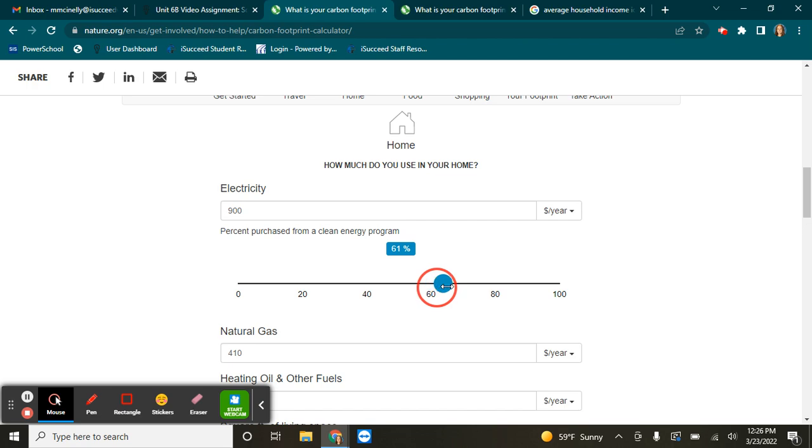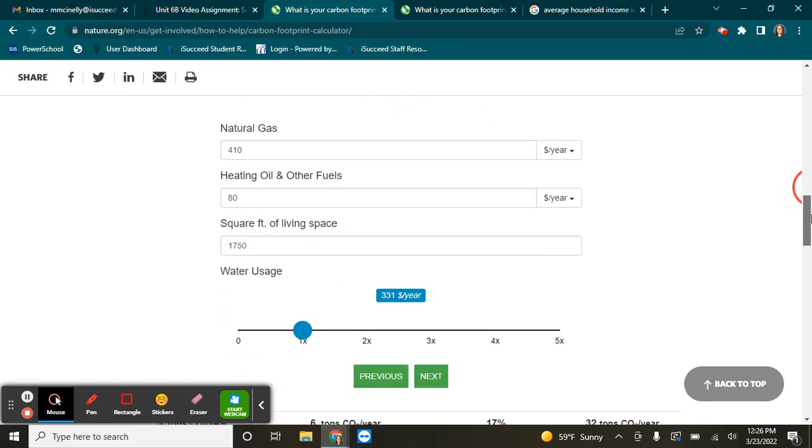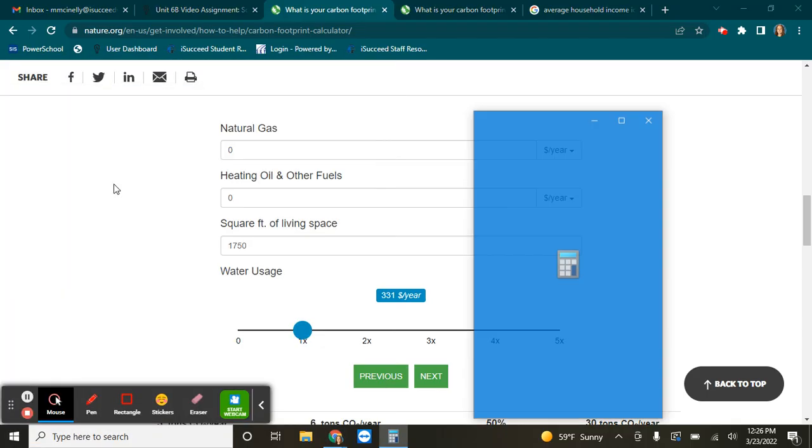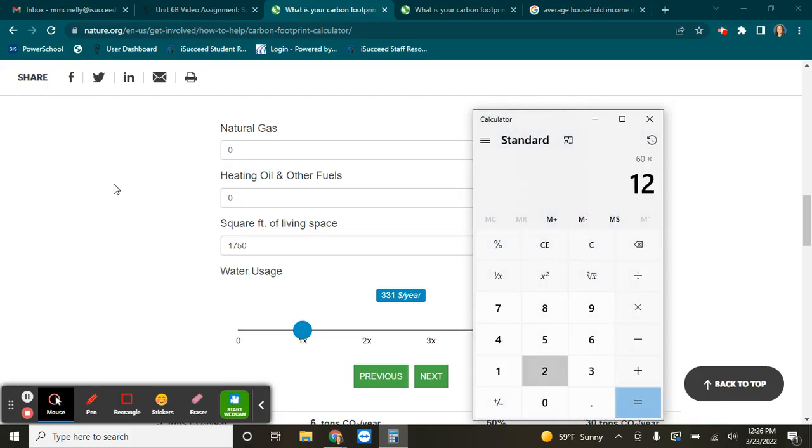I believe my energy, Idaho Power, is around 80% clean energy. Natural gas here. My natural gas and my heating is the same. So heating would be 0. Natural gas cost per year. This one's probably around, let's say, $60 a month.